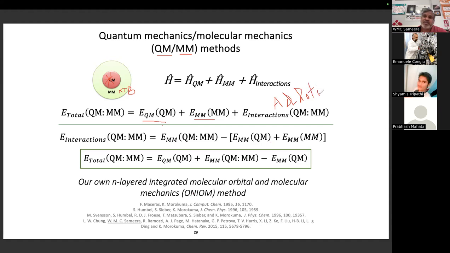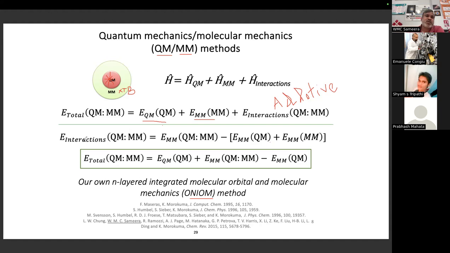Sorry, my writing is very bad. This is additive QMMM. But there is another scheme which is called ONIOM. In ONIOM, what we do basically is to use a different interaction term definition.